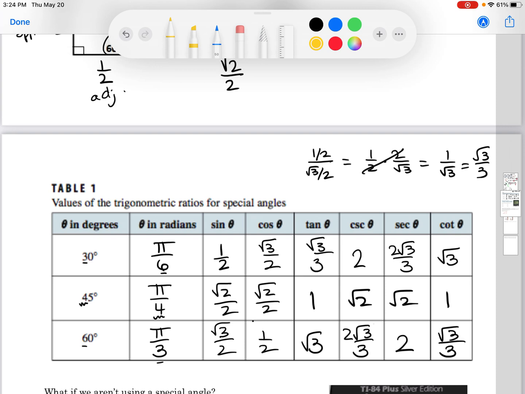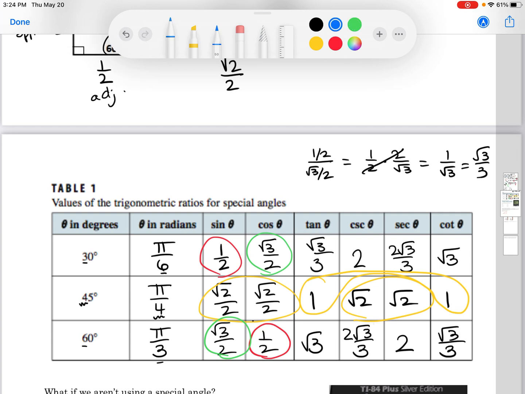And there are a lot of little patterns that you'll start to notice here. You'll notice for 45 degrees, sine and cosine are the same, which means cosecant and secant are the same, and your cotangent and your tangent are the same. Okay. You'll notice for 30 degrees that sine is the same as cosine of 60 degrees. You'll notice that root 3 over 2, that's cosine of 30, is the same as sine of 60. Okay.